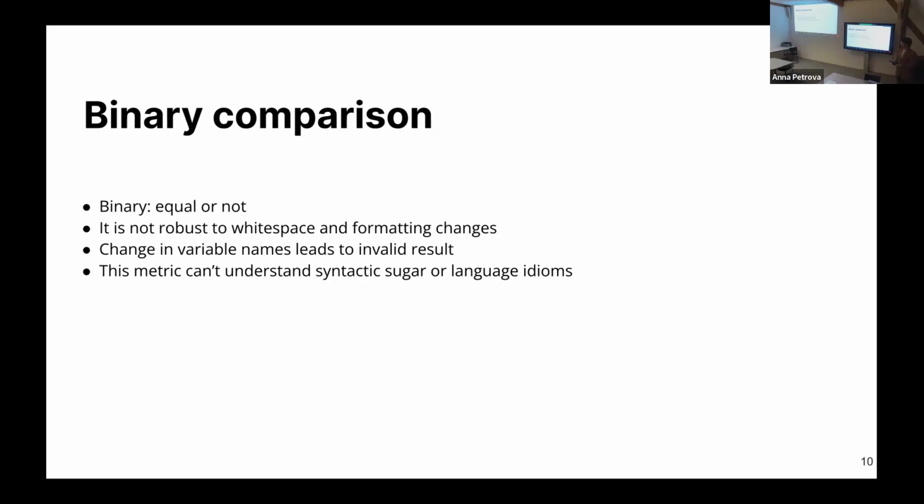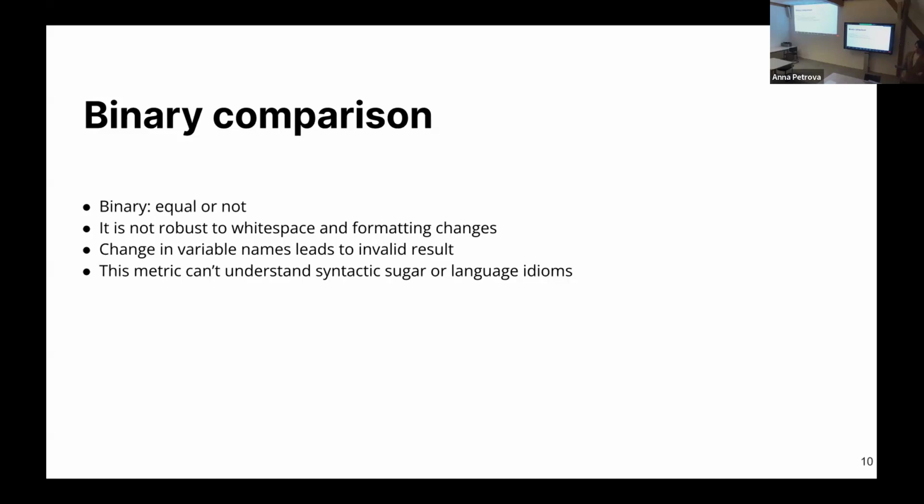Moreover, language models easily rename variables across solutions. For example, we generate 2 solutions, and the first one will have good variable names that will be understandable, and the second one will have just one-letter named variables.